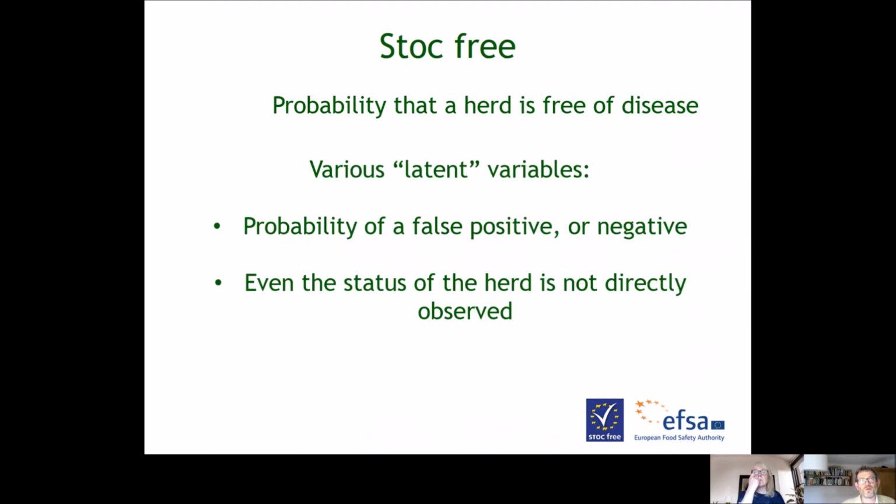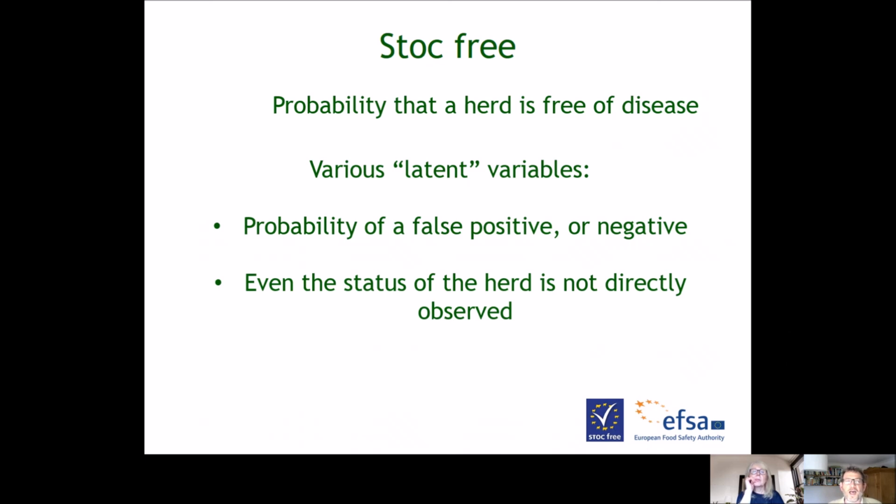Now, we already know that in epidemiology there are various parameters that feed into the probability that a herd is free of disease. So some of these are latent variables. So there's the probability that we get a false positive or a false negative when we test a herd. There's also the actual status of the herd, which isn't directly observed.